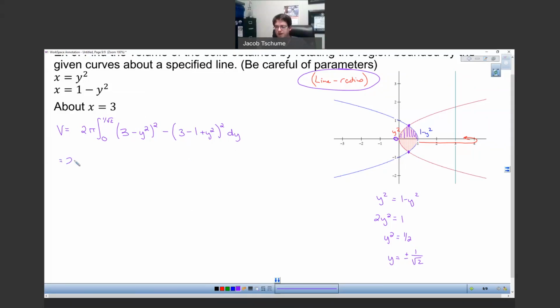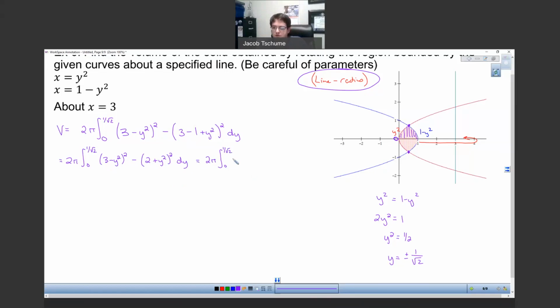This will be 2 pi times the integral from 0 to 1 over root 2 of (3 minus y squared) all squared minus (2 plus y squared) all squared. You need to FOIL both of these, so you would end up with 2 pi times the integral from 0 to 1 over root 2.